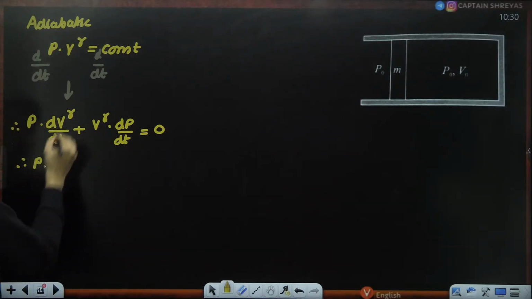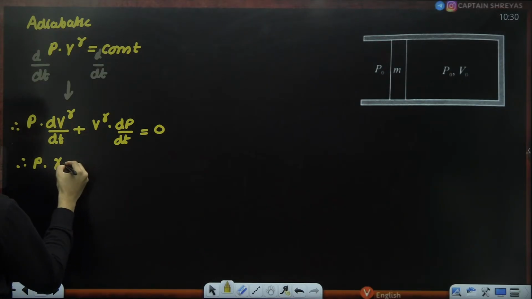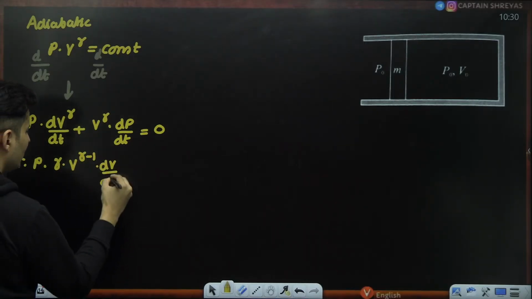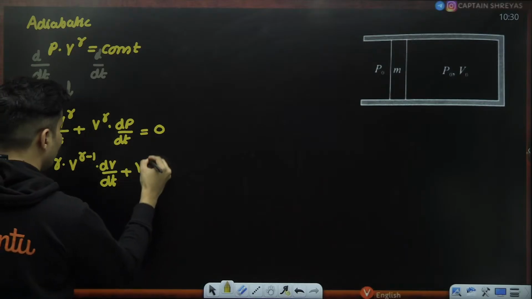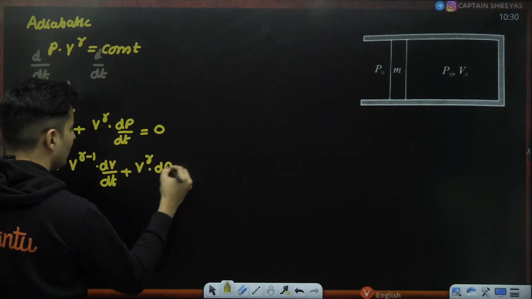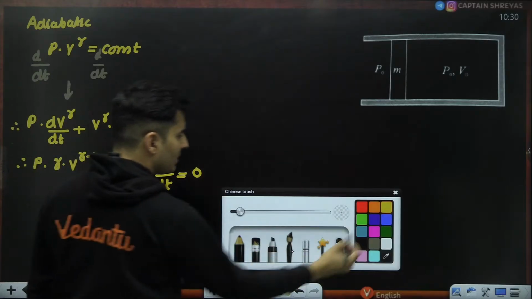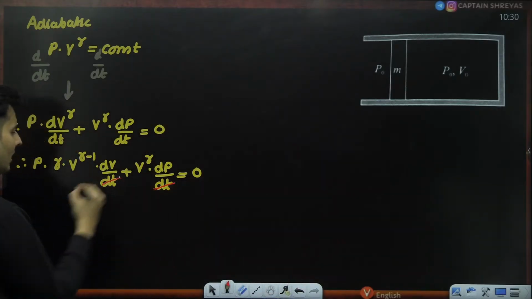So this will be P into gamma V raised to gamma minus 1 into dV by dt using the chain rule, plus V raised to gamma into dP by dt, is equal to 0. Obviously, there is no role of dt now, just get rid of it.